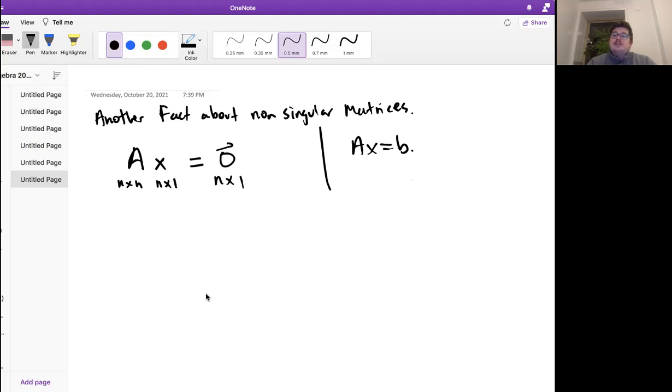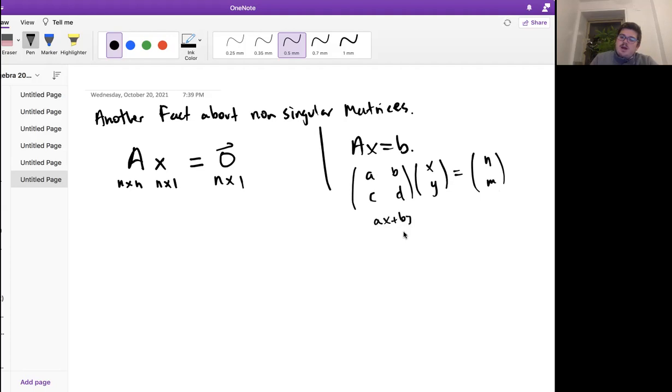This is going back to the first couple sections. It's good to remember. Let's say I have the matrix [A, B; C, D] times [x; y] is equal to [n; n], and then you have Ax plus By, Cx plus Dy is equal to [n; n].